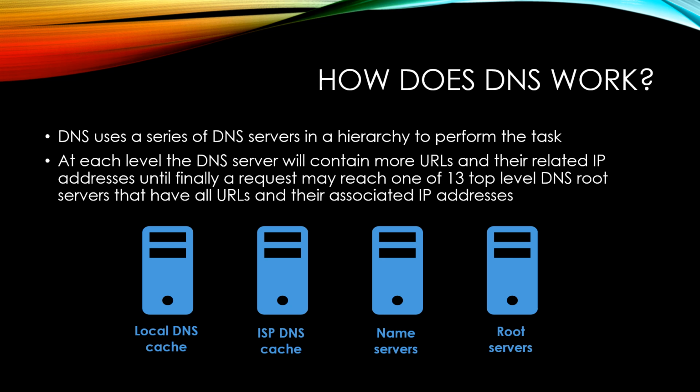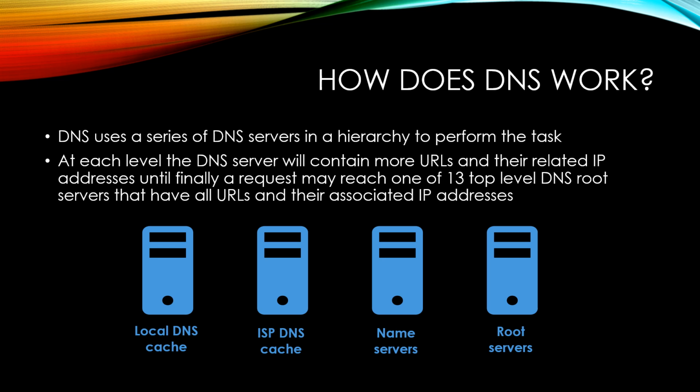At each level, the DNS server will contain more URLs and their related IP addresses until finally, as it gets passed up the chain, a request may reach one of the 13 top-level DNS root servers that have all URLs and their associated IP addresses. If it is not found here, then there will be a message returned that the site does not exist.